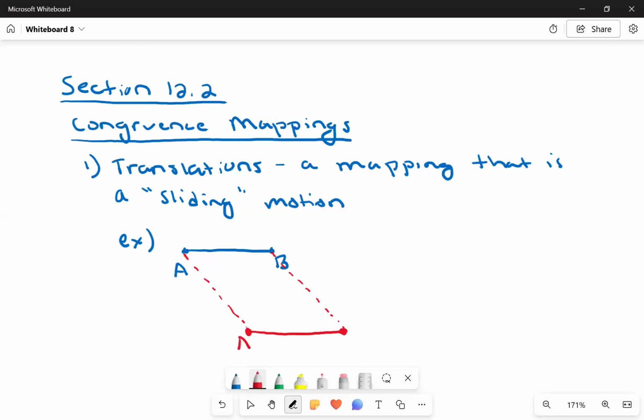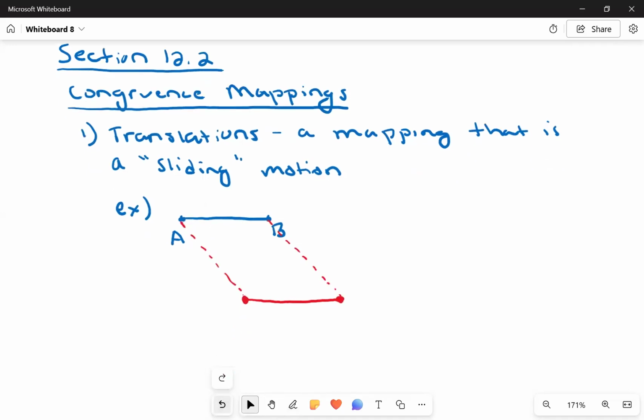To indicate that I have moved this line segment, I'm going to introduce this notation. Shift up a bit. There we go. And then B with that little dash. It's not a one, and it's not a power. That particular notation is read A prime.